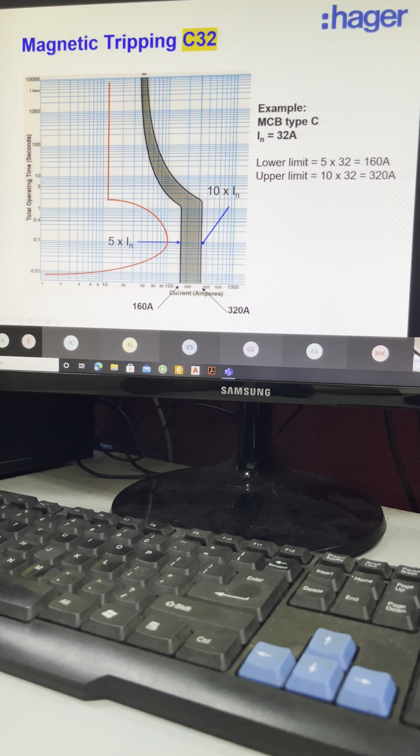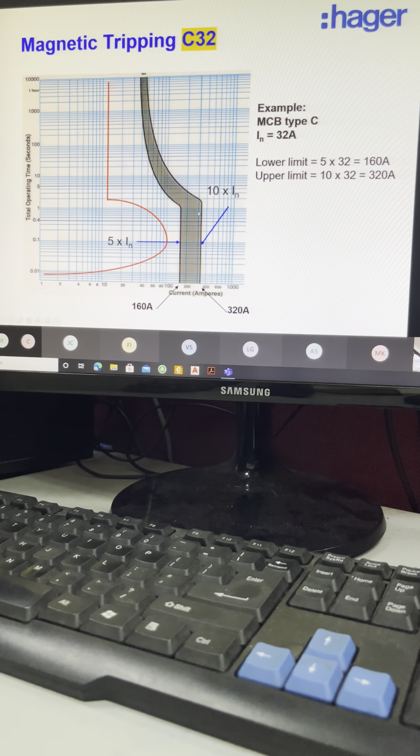Okay, so this is the lower limit and the upper limit. If there is a current of 200 amps, for example, and your breaker doesn't trip, it's okay because it's still not yet touching the upper limit. Okay, this is on the inrush current, on the magnetic tripping.